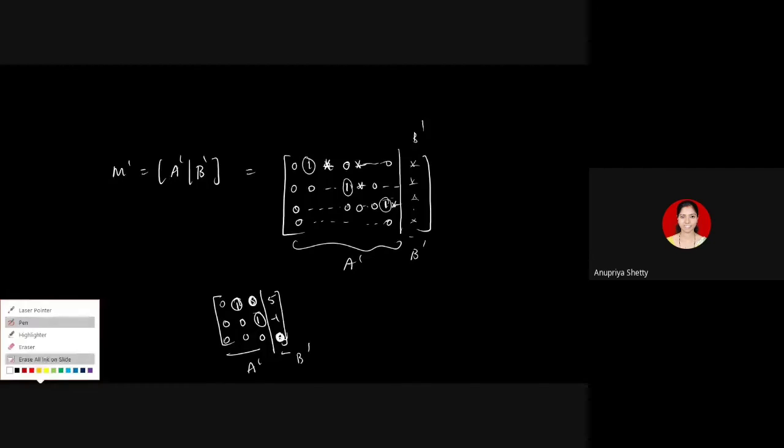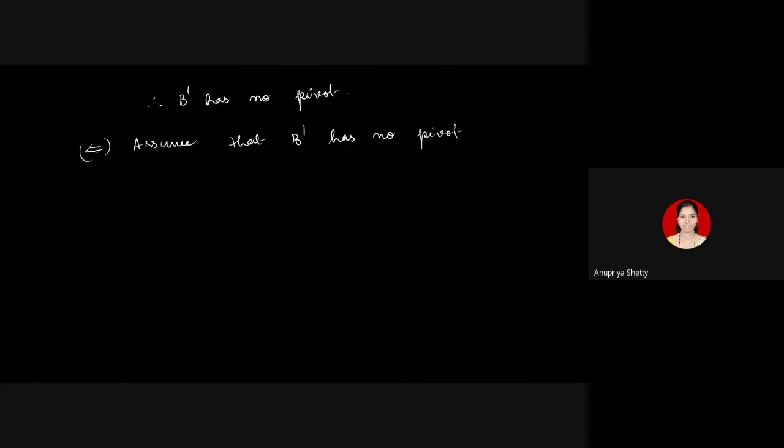Under this case, we have to get a solution. We will assume that some R number of columns have a pivot.